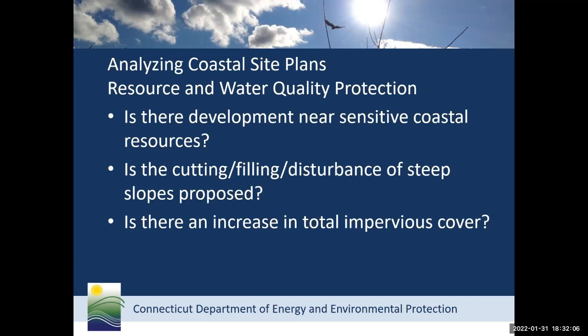So it's good to really understand exactly what are they proposing to cut down? What are they proposing to plant if they're going to do some kind of riparian buffer or something to offset what they're doing in order to protect the nearby resources or water quality? It's really helpful to understand that as part of a grading and cutting and filling.